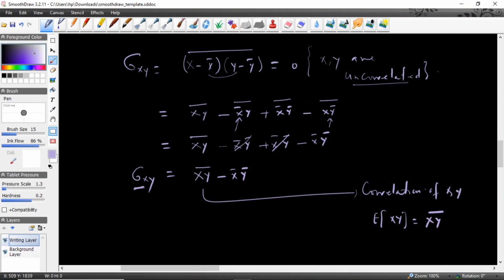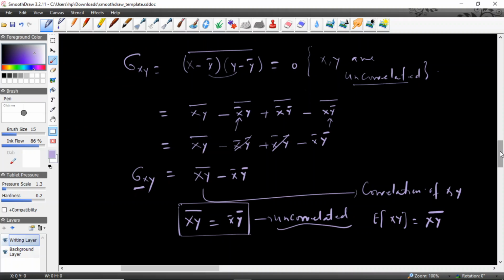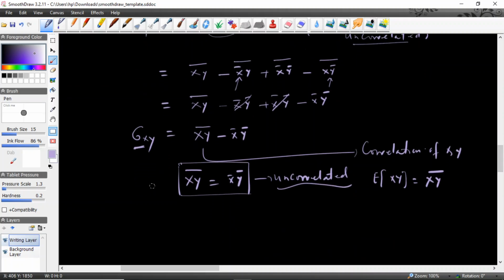It means your xy bar should be equal to x bar y bar if the two random variables are uncorrelated. So this can be another statement: two random variables x and y are said to be uncorrelated if their correlation is equal to the product of their mean values.